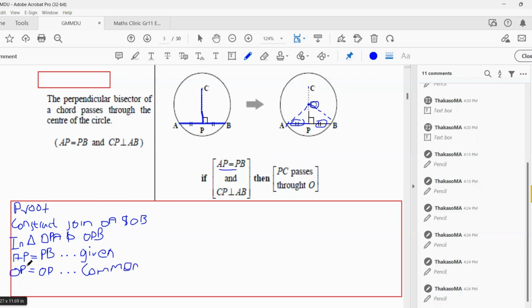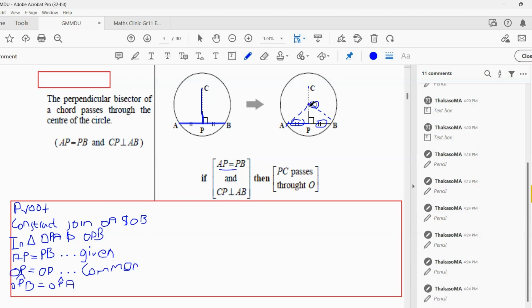All right. And then we also know that angle OPB is equal to angle OPA. Please notice that I put a hat on the letter that's in the middle to indicate that it's angle OPA.